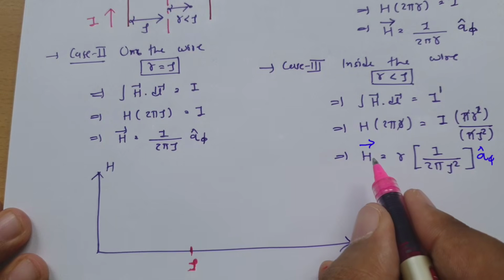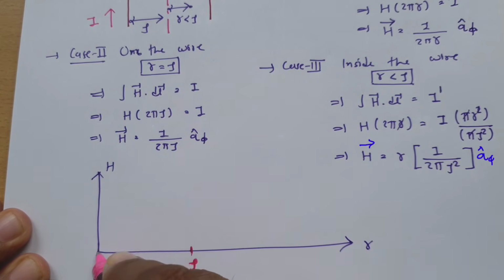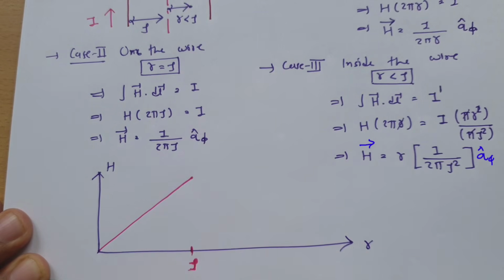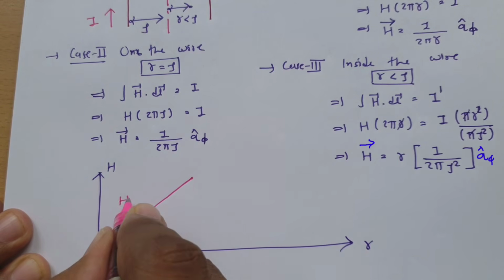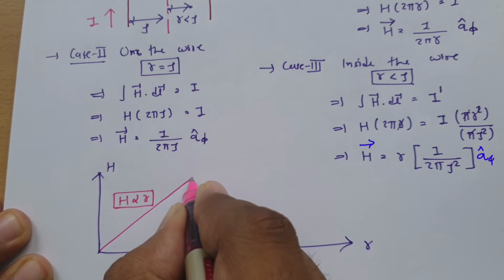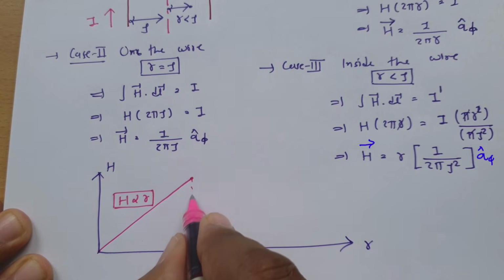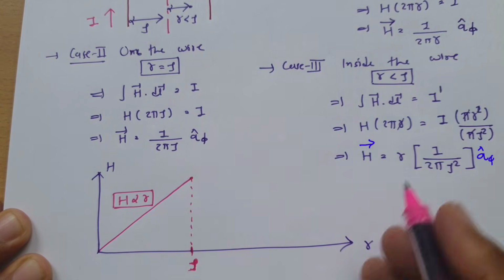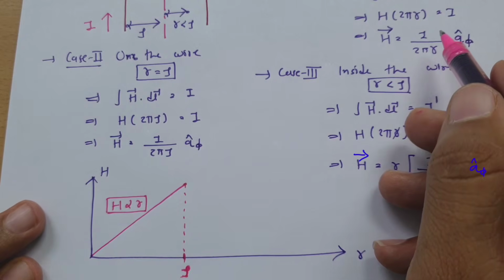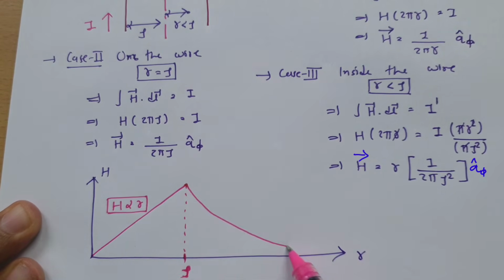So inside the wire, the magnetic field intensity is directly proportional to distance r, so it will be a straight line, you can see it will go like this. On the wire it will be I divided by 2 pi rho, and outside the wire it will be I divided by 2 pi r. So from here it will decrease with respect to distance.